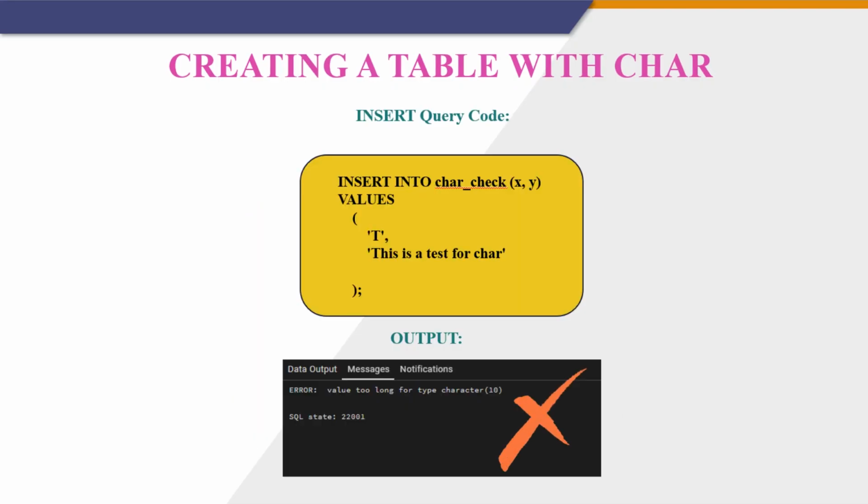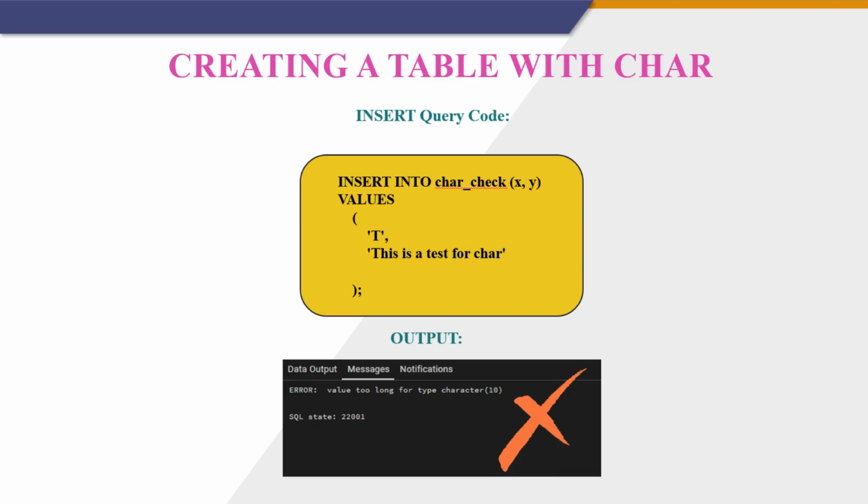Now, let's insert data into the char check table that exceeds the defined lengths of the X and Y columns using below command. So if we run it, then it shows error, that value too long for type character 10. To correct the errors and insert valid data, we can fix the string lengths.